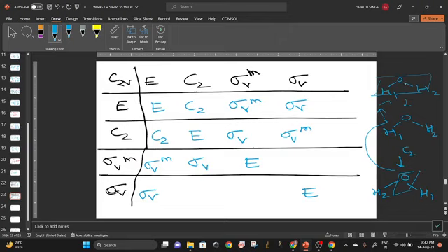And the opposite, when we did, we get sigma V. C2 multiplied by molecular plane also gave sigma V. So here we can see that both the operations are commutative. So whether such kinds of operations always exist or it is specific to this case.